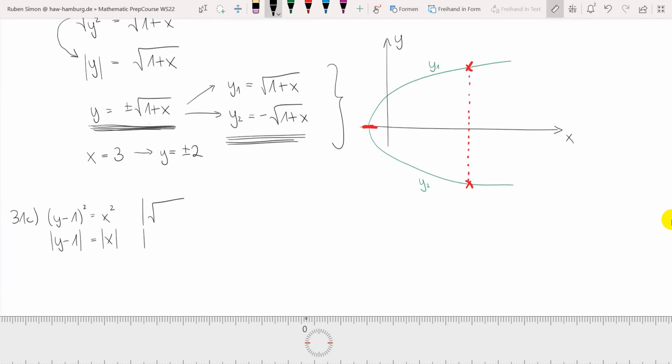I told you, if you remove the absolute value dashes on this side, you have to add plus minus on the other side of the equation. So let's do this here. If we want to remove this modulus, then we would have to apply a plus minus on the right side.